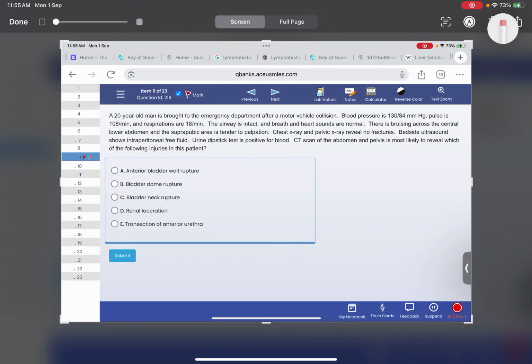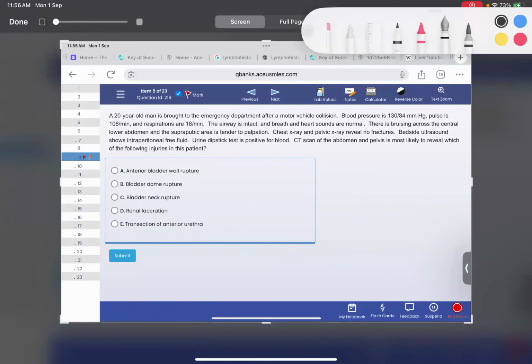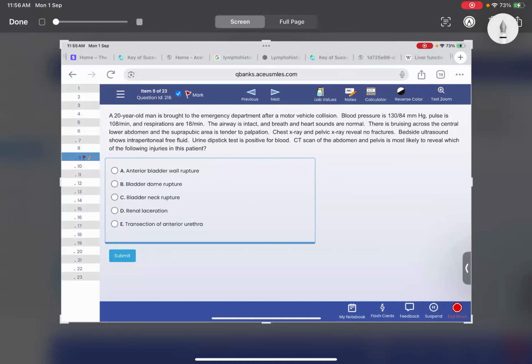There is bruising across the central lower abdomen, and the suprapubic area is tender to palpation. Chest X-ray and pelvic X-ray reveal no fracture. Bedside ultrasound shows intraperitoneal free fluid. Urine dipstick test is positive for blood.